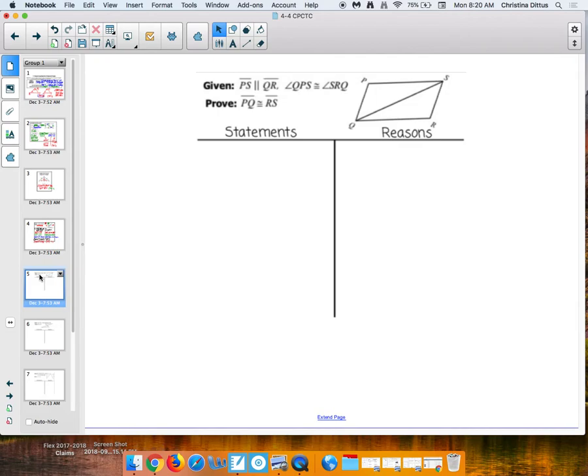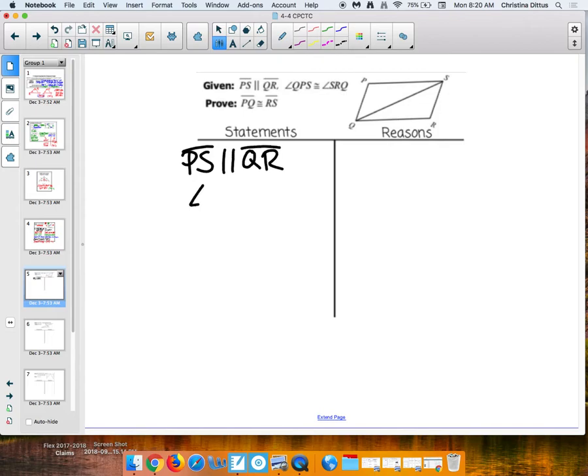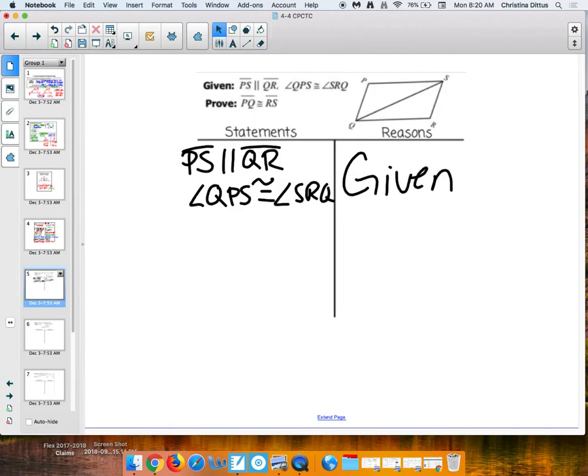Another one. First thing, write down what you're given. PS is parallel to QR, and angle QPS is congruent to angle SRQ. I'm going to mark QPS and SRQ. That's the only info that I'm given that I can mark.